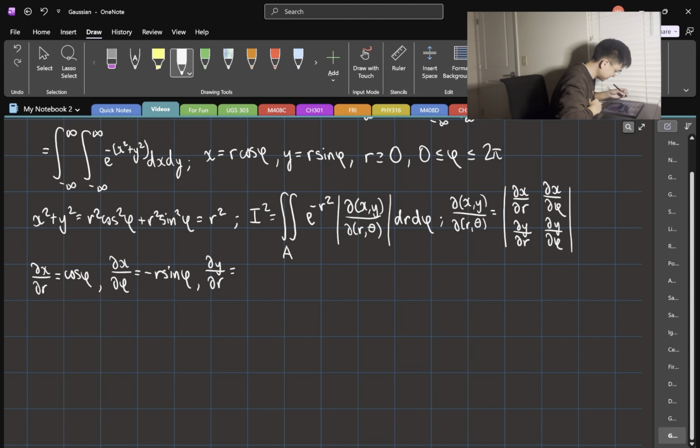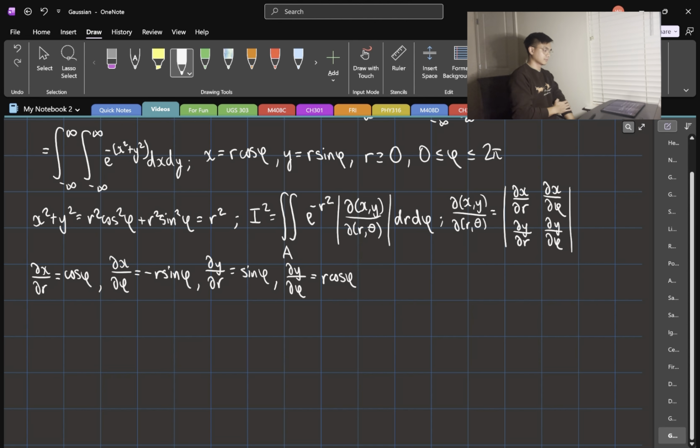It's a fun word to use. Sine of phi, and last but not least, dy d phi is r cosine of phi. Okay. Just so I make sure I say this, I'm not sure if I said it earlier. The r is supposed to be like the radial length, and then the phi is the azimuthal angle in the xy plane.